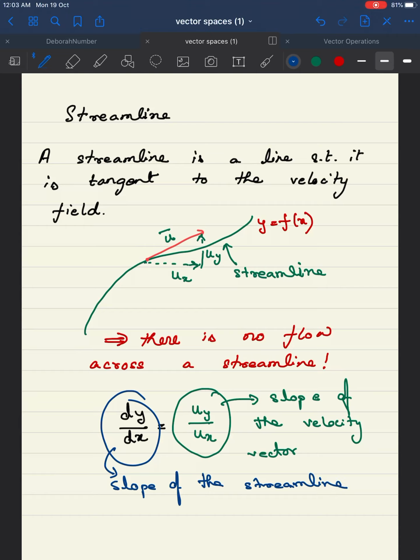And they have to be equal to each other. Okay. So this is for a two-dimensional flow.